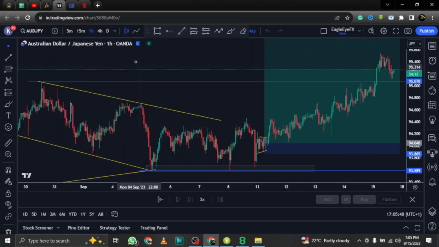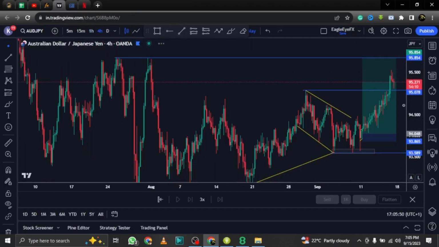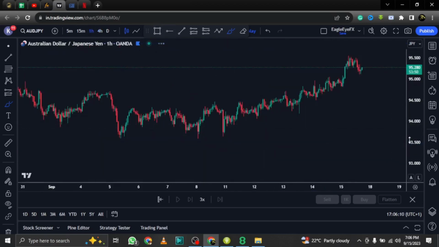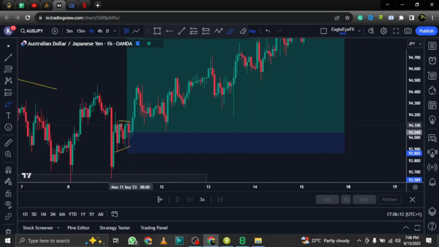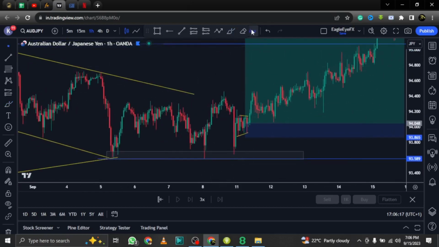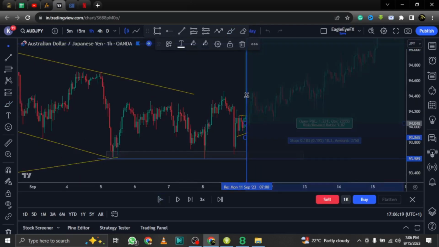What happened is that we had this descending structure over here, and it had given us a double bottom. Then it came back again to give us a triple bottom. Then something interesting happened: I saw this clear flag over there.